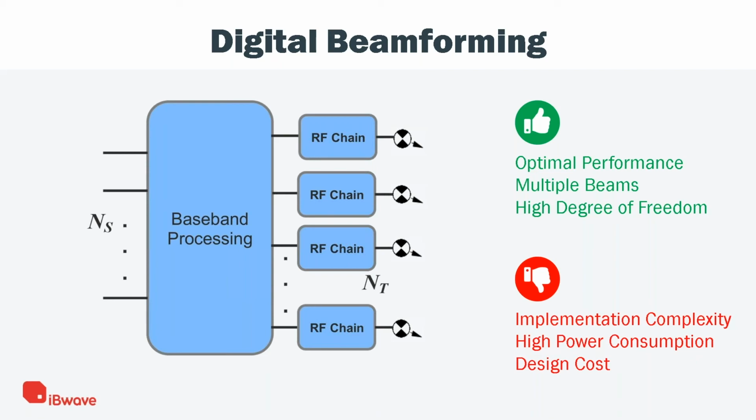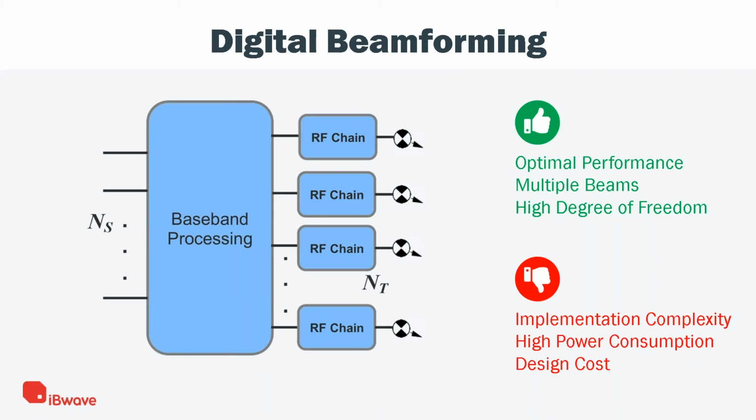One of the main disadvantages is really the implementation complexity. Because you have different RF chains, you should calibrate all these RF chains. You should make sure all these RF chains are working on the same different antennas, and it is very complex to manage all this at the same time.